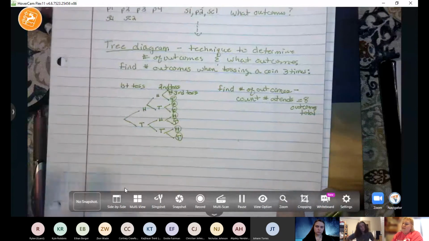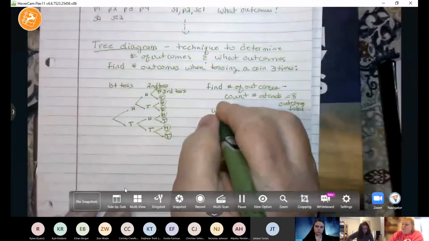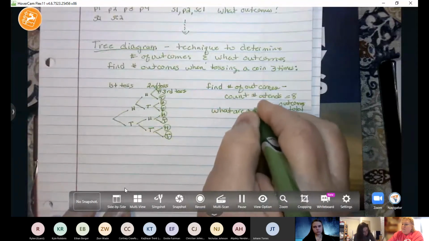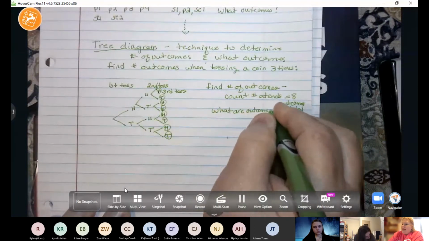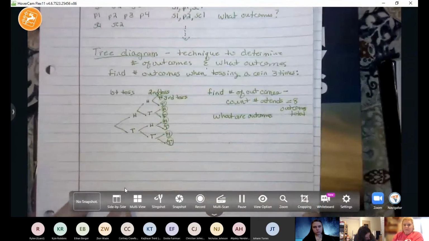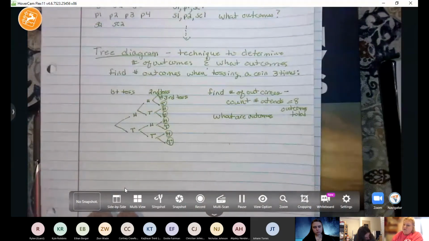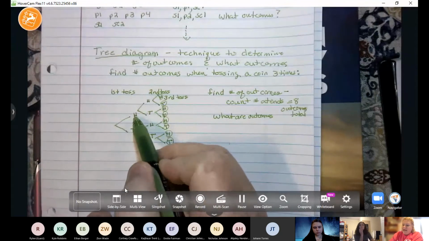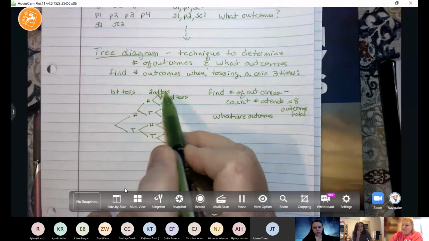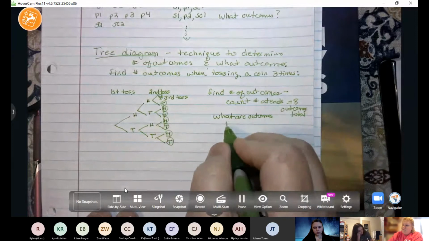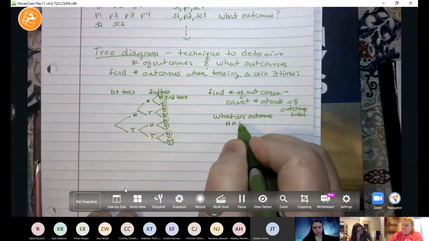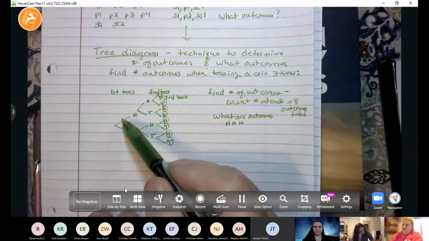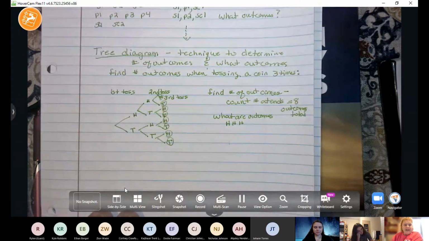Now the next thing is, what are the outcomes? We can also get that from the tree diagram. We follow the branches to do that. So from this first branch, we go head to head to head. So that is one of my outcomes.